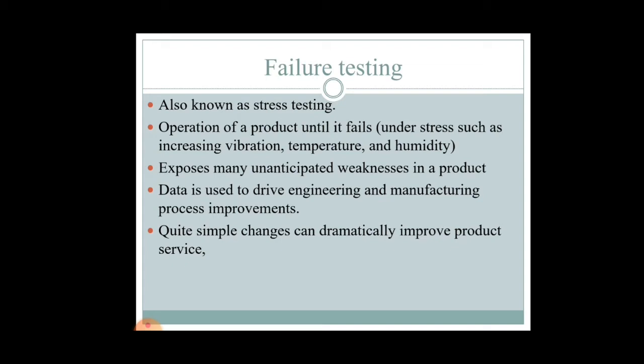So we have to adjust up to that limit. So we can work on the maximum speed of 20 while the minimum speed of 10. In that limit, our engineering and manufacturing process can be improved. Like we can work on 20 rpm so that our product quality is maintained and our productivity will be increased. Quite simple changes can dramatically improve product services.